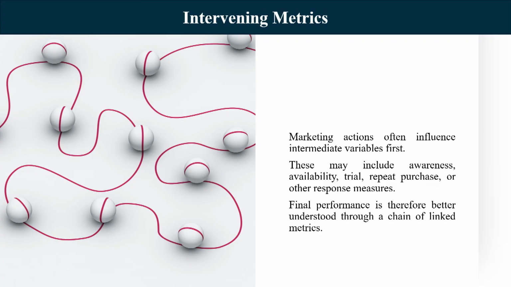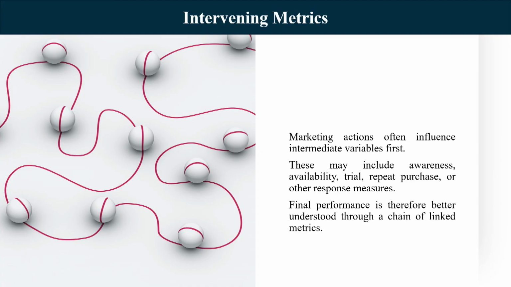Now let us look at the intervening metrics. Marketing actions often influence the intermediate variable first. This may include awareness, availability, trial, repeat purchase, or other response measures. Like your overall sale can be dependent on the availability of the product in the neighborhood shop.